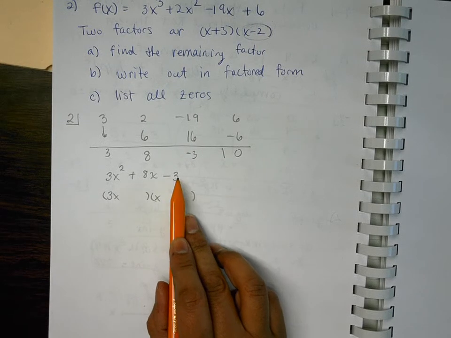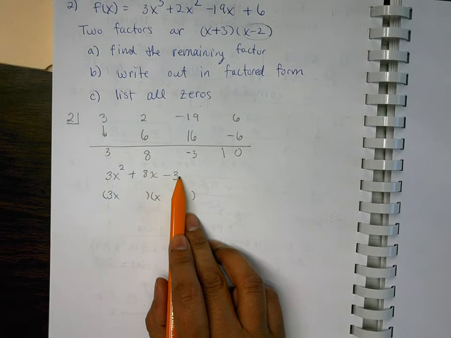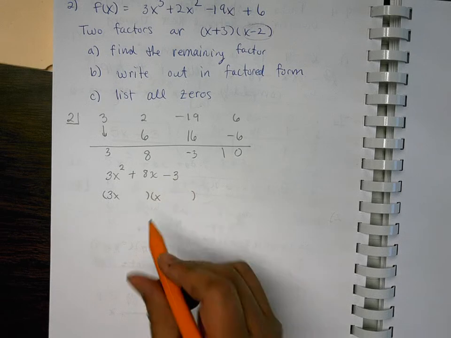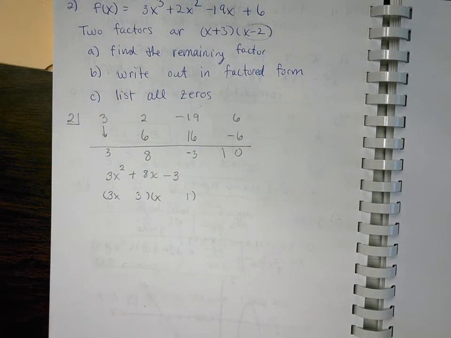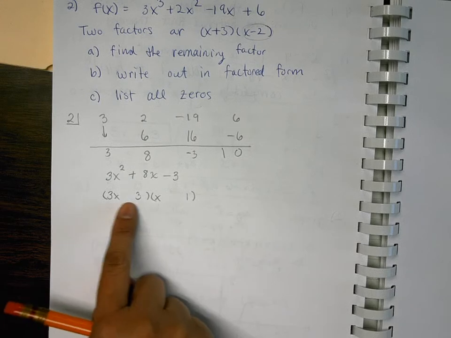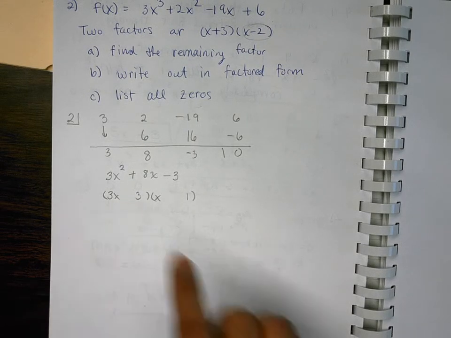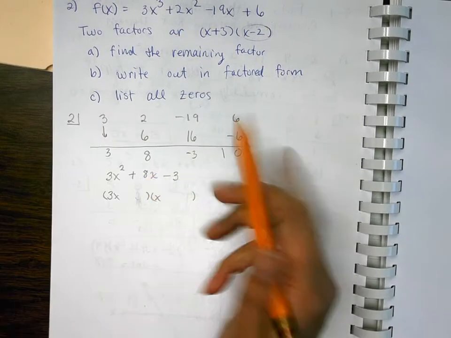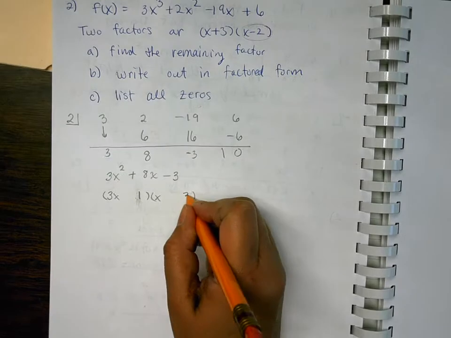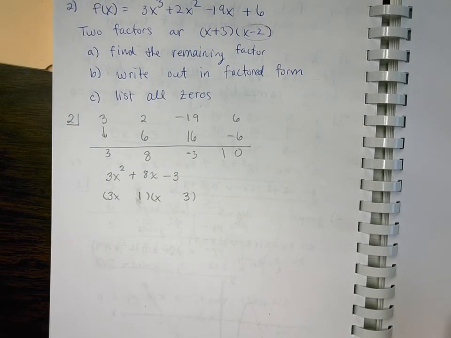The only factors of 3 are what? Save your time. Is that even a guess you should waste your time with? Why not? This has a GCF. So there's really not a lot of guessing here. This has to be 1. This has to be 3. The only thing you have to work on is which one's plus and which one's minus.